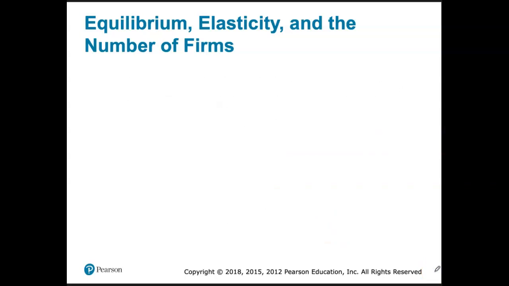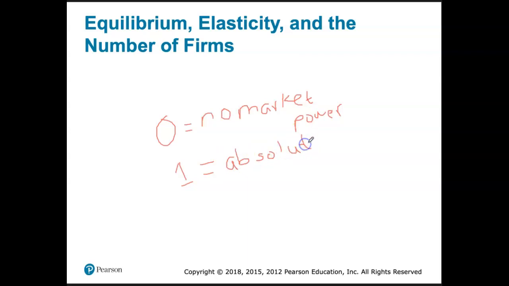We can also find the Lerner index for a Cournot firm. Remember, the Lerner index measures the market power of the firm, 0 being no market power, like in a perfectly competitive firm, and 1 being absolute market power, essentially a monopoly.